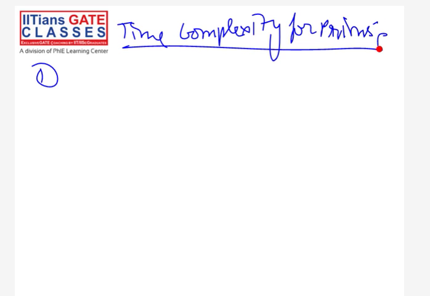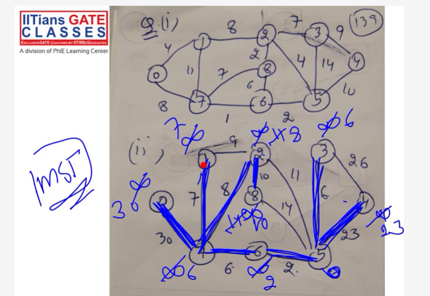The first component is the edges. Always, you're checking one edge twice. Correct? Every edge is checked twice. If you see this example, once I came to 7, I checked 1, so I checked this edge 1-7. Then when I came to 1, I again checked whether I had considered edge 1-7 or not.